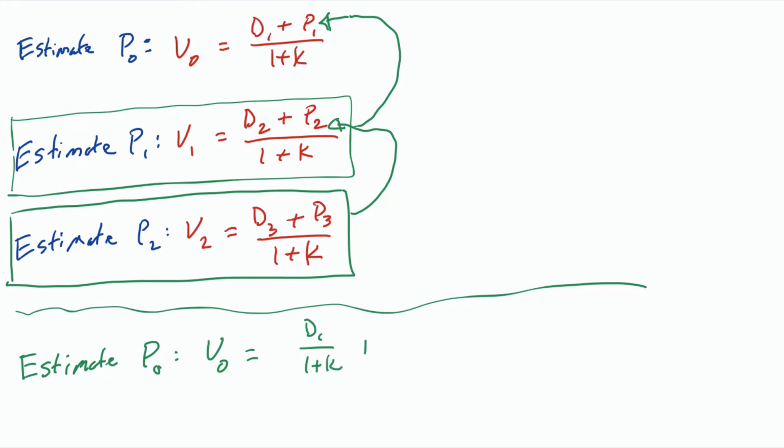D1 discounted 1 period plus D2 discounted 2 periods plus the sum of D3 and P3 discounted 3 periods.